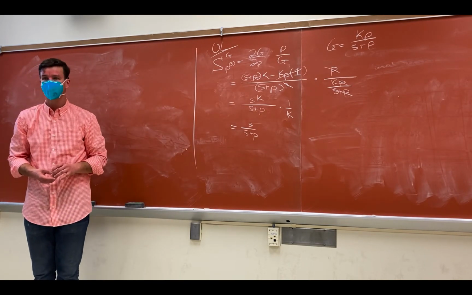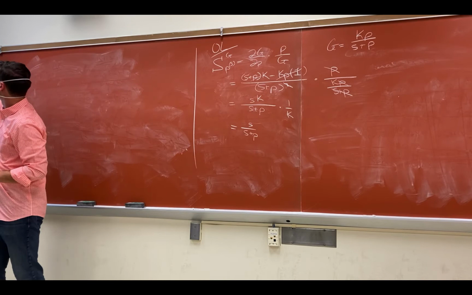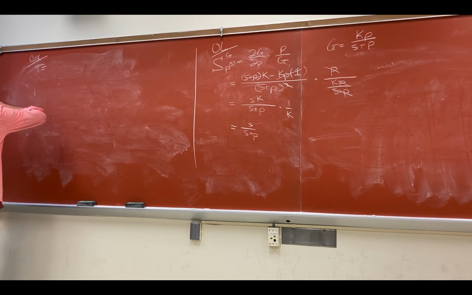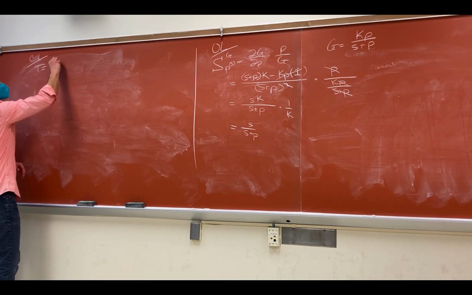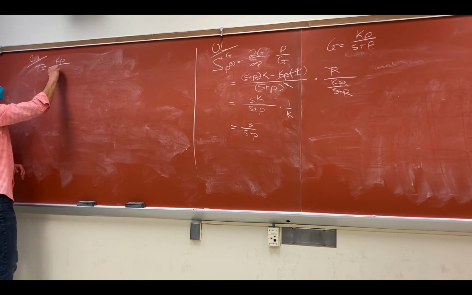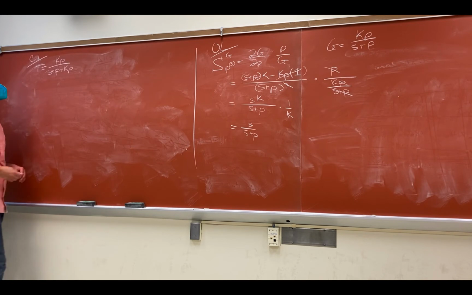Exactly. Okay, let's do the closed loop. So we've got the closed loop transfer function is KP over S plus P plus KP. That's right.